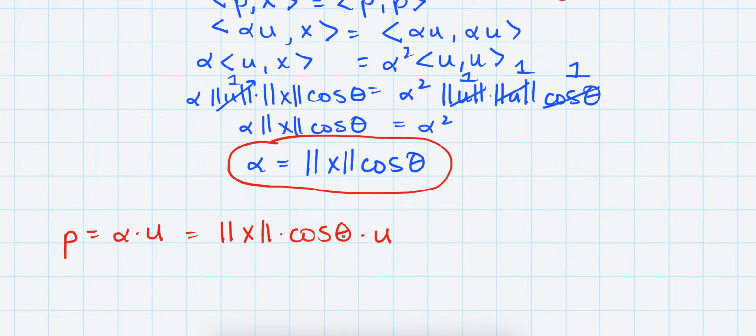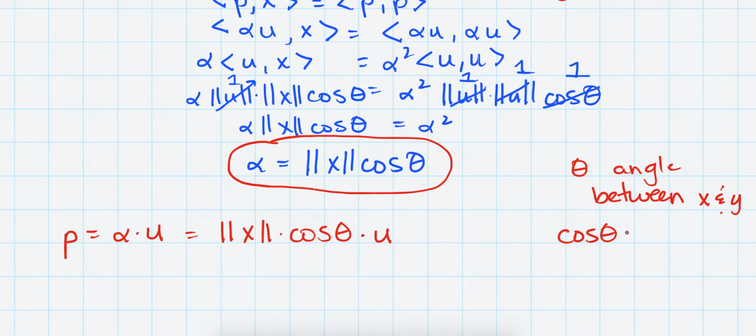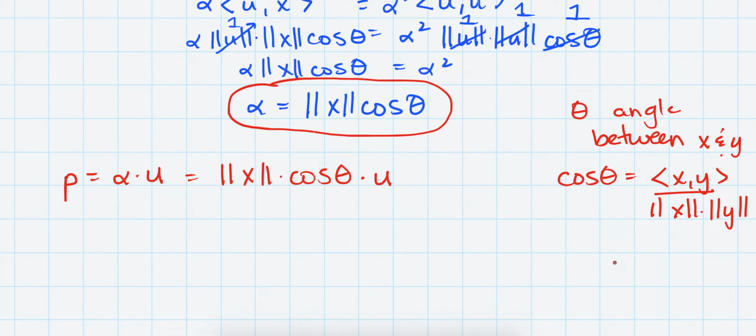So what I'm going to do is I know that theta is the angle between x and y. And we know that cosine is, this is just the formula for the dot product solved for cosine of theta. So I'm going to insert this here. So I get the length of x. I'm going to circle this so you know what I'm doing.